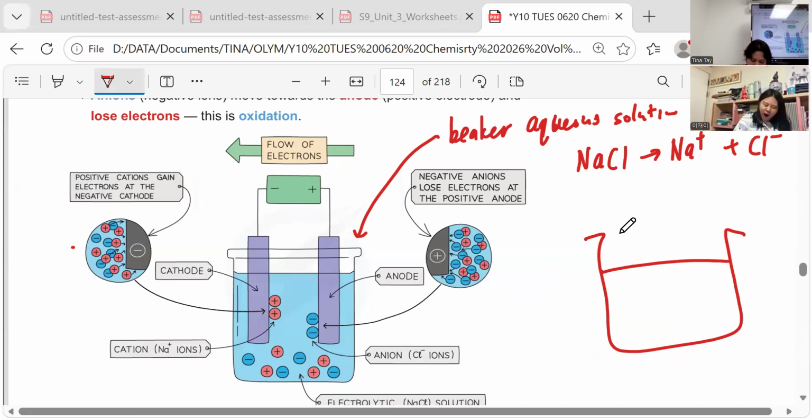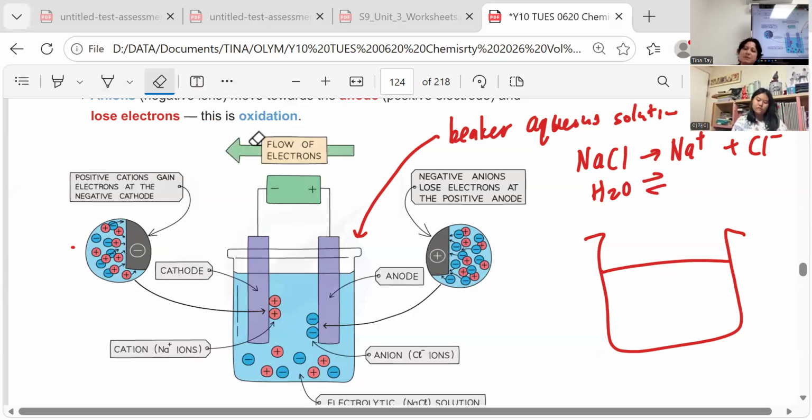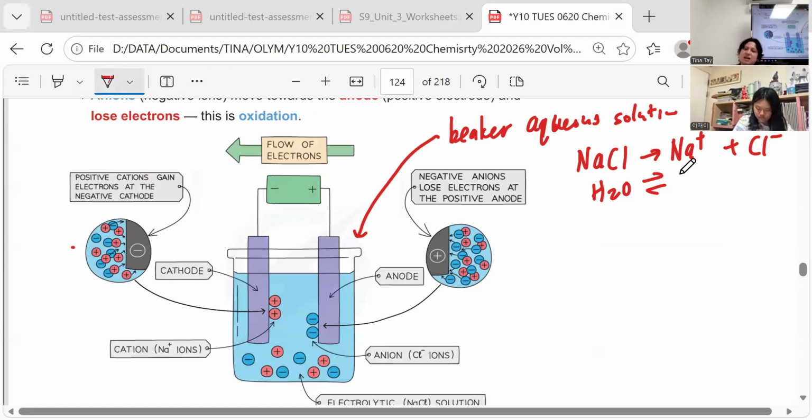But what you must understand is this also has water. Now, water, what do you think water becomes? Water becomes hydrogen ion and hydroxide ion.